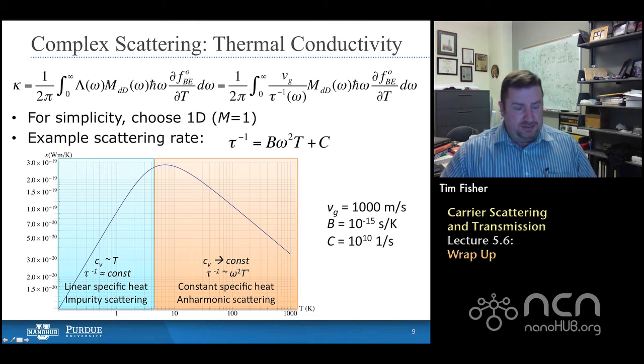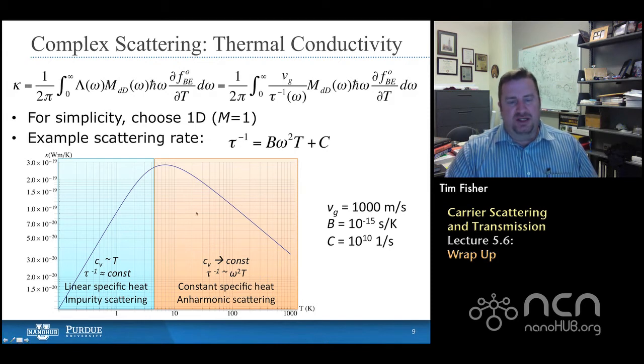And what we would find is that for very low temperatures, the constant scattering rate dominates. That's because at very low temperatures, the frequencies are very low. So this frequency squared dependence would make the first term in the scattering rate very small, as would temperature itself.